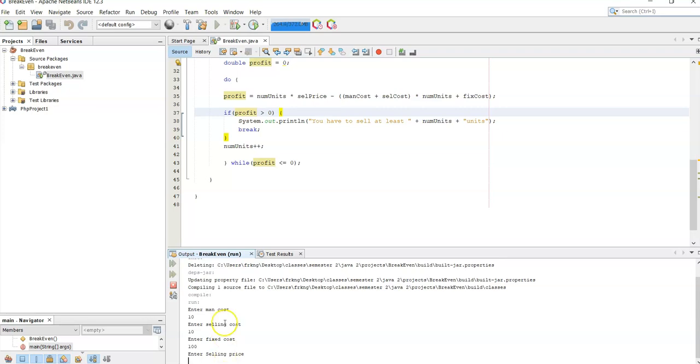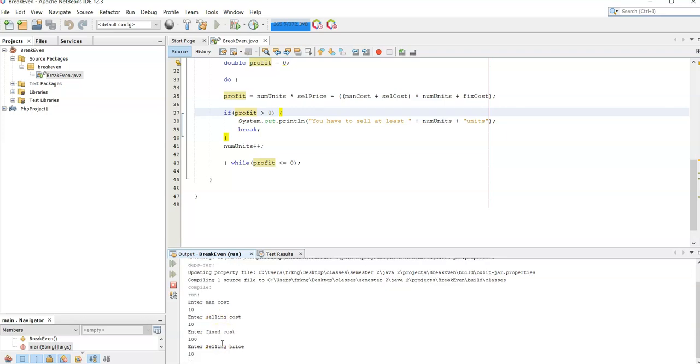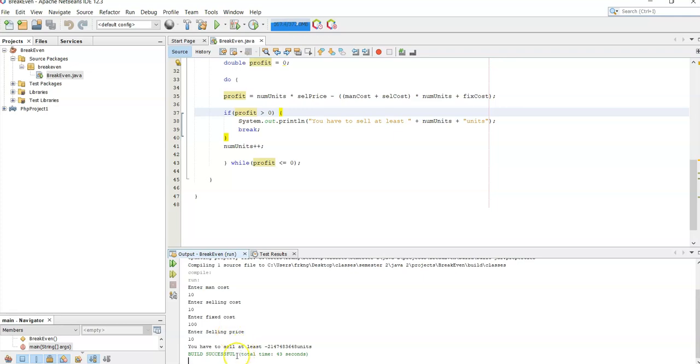If I enter a selling price less than the variable cost, let's say $10, it's not calculating. Oh yeah, it crashes. It says you have to sell at least minus 214,748 or something units, because it looks like our program goes into an infinite loop, right?